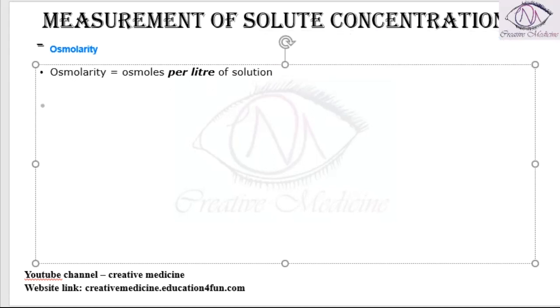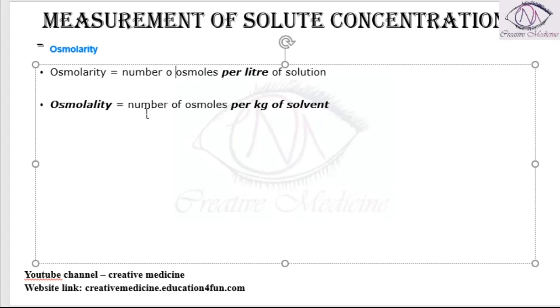You should not get confused it with osmolality. What is osmolality? Osmolality is actually the number of osmoles per kg of solution. The number of osmoles per liter of solution is osmolarity, whereas the number of osmoles per kg of solvent is osmolality.